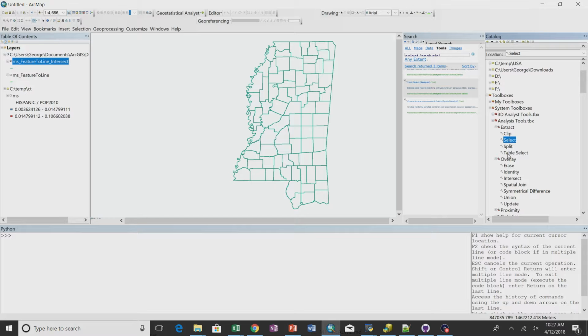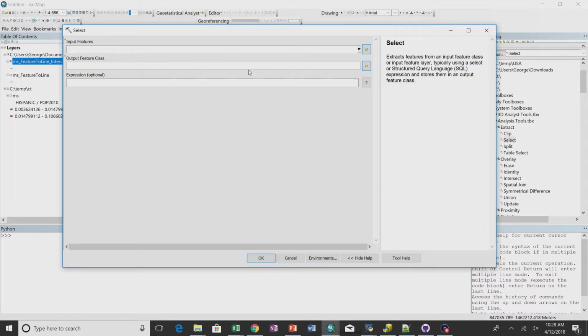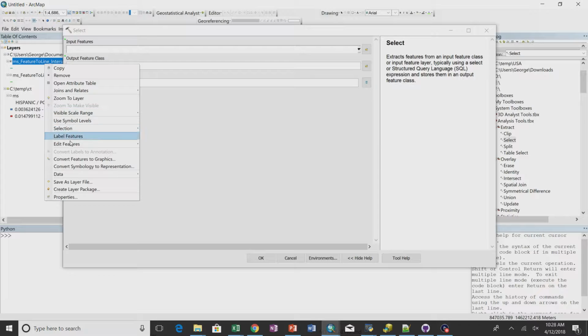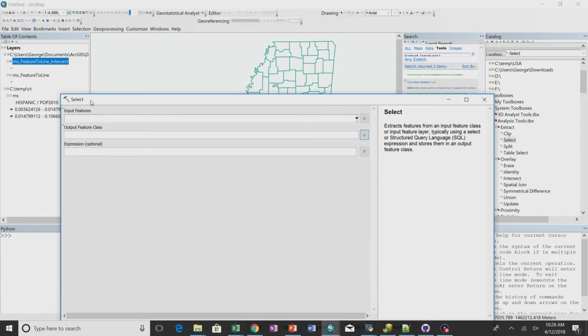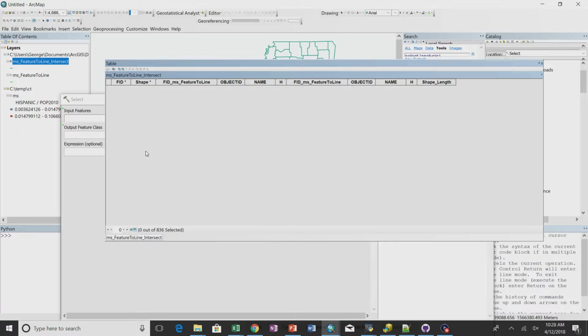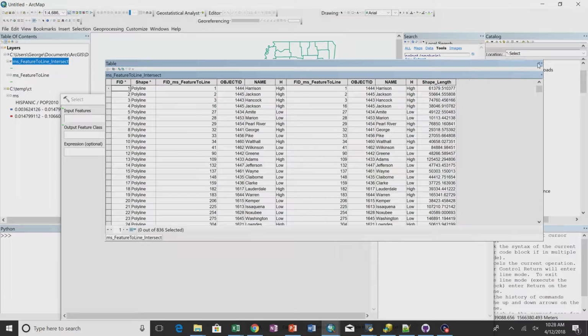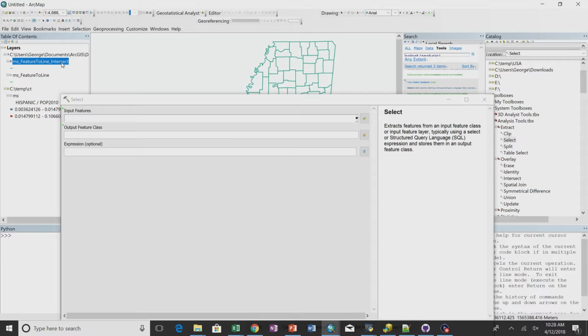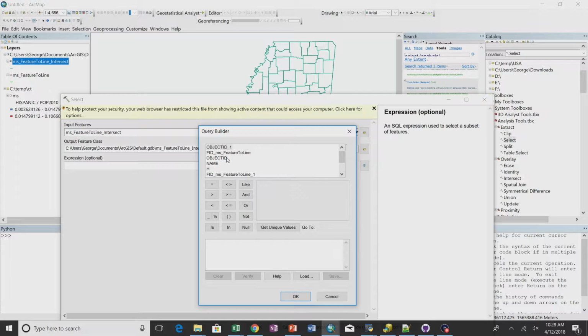So first I'm going to clear selected features, because if you operate on selected features, it doesn't work. Oh, I did clear the selected features. Okay. So I'm going to take my intersect, and I'm going to make a new expression. I know now these fields are really hard to know what is what, but we've only got two fields called name.